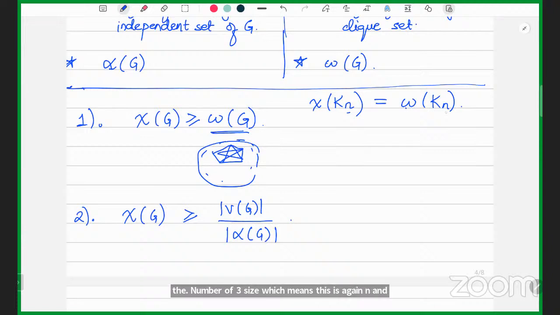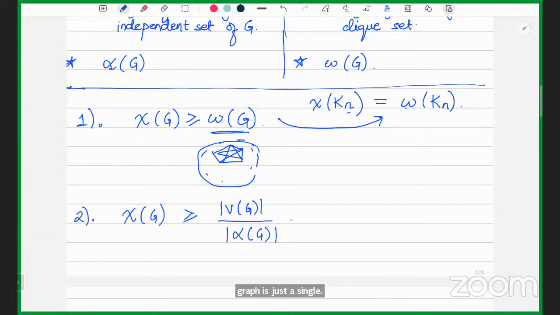And the chromatic number of Kn is n. We just said that every vertex of the complete graph has to be given a different color because every two different vertices are adjacent. So this inequality becomes equality in the case of Kn. If I look at alpha of G, the largest independent set that I can find in my complete graph is just a singleton.